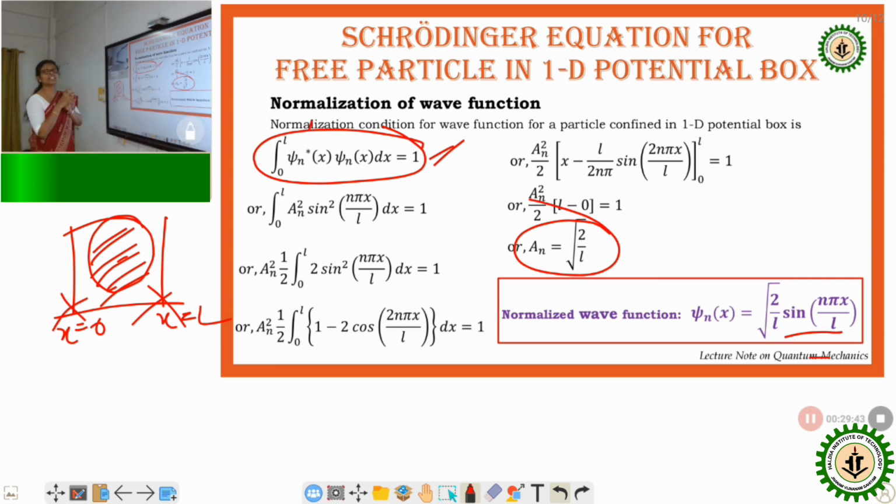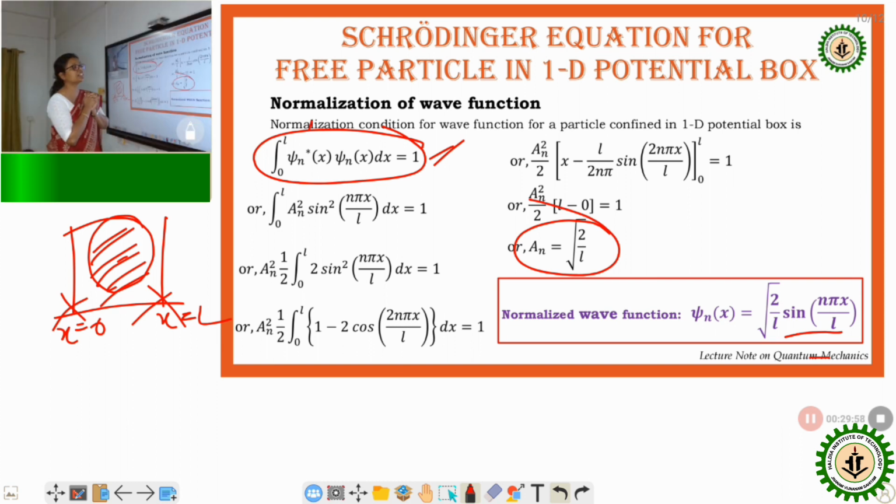Okay, so there are three features of the energy values of a particle in a one-dimensional box, and this is the normalized wave function where the normalization constant is root over 2 by L.